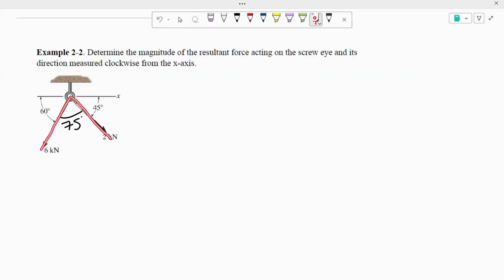Next, what I like doing is drawing these two forces to the side because we're going to draw a parallelogram with them. So now that we have our two forces drawn out, we're going to take this force right here and draw it exactly the same on the other tip of the other force.